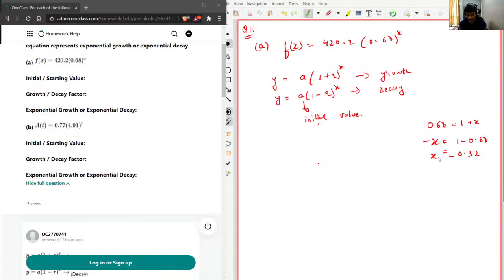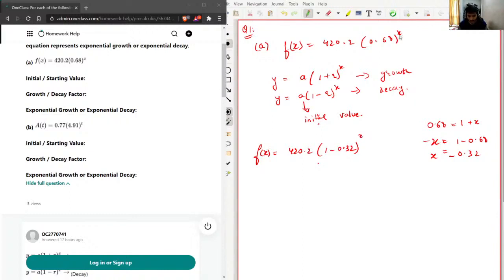So if I put x equal to minus 0.32, it corresponds to the case of decay. So I can write f of x as 420.2 times (1 minus 0.32), and obviously raised to power x.